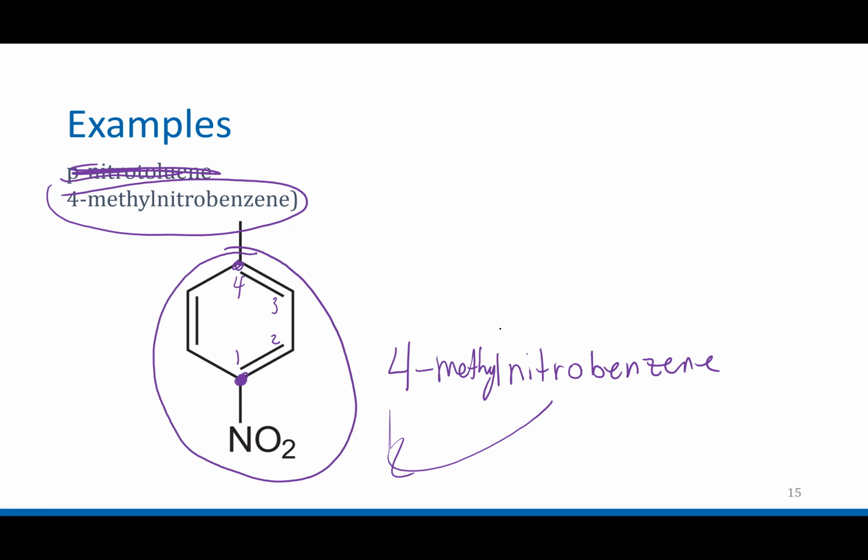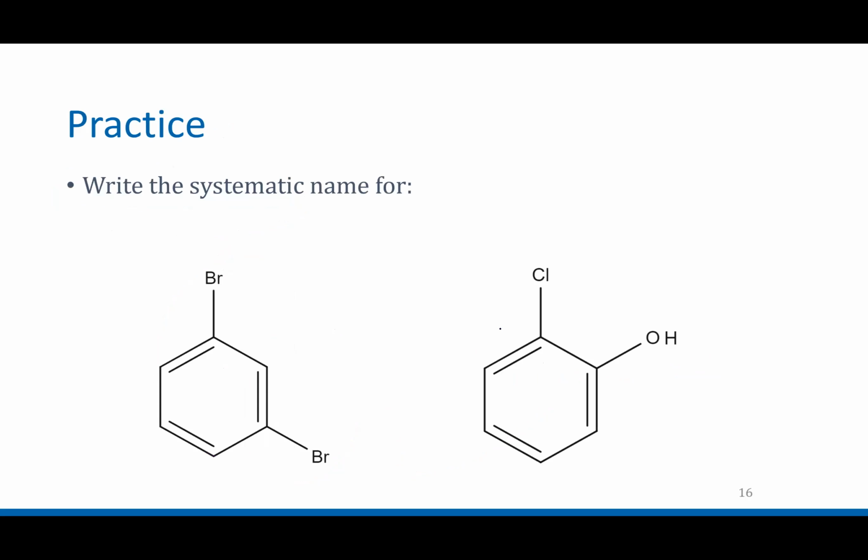So this would be 4-methyl nitrobenzene. Not too bad. So the challenge here is naming the important group first, and then putting on the second name.